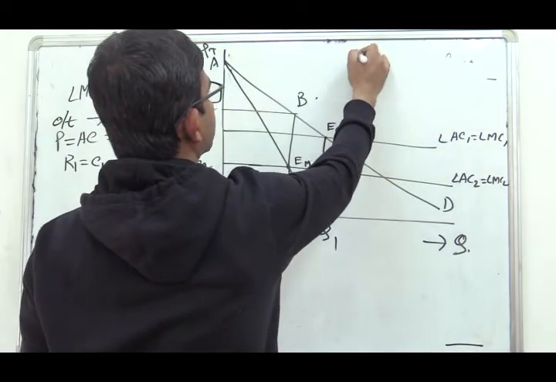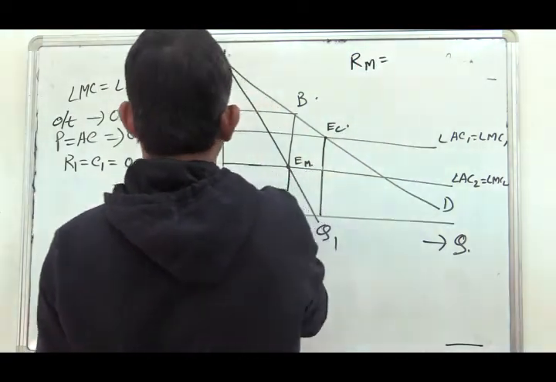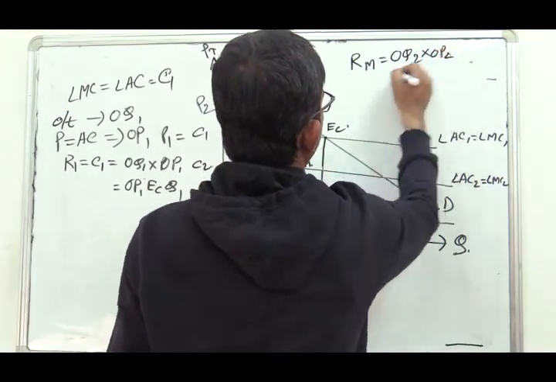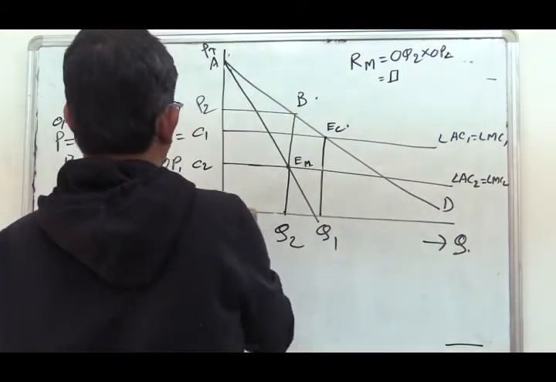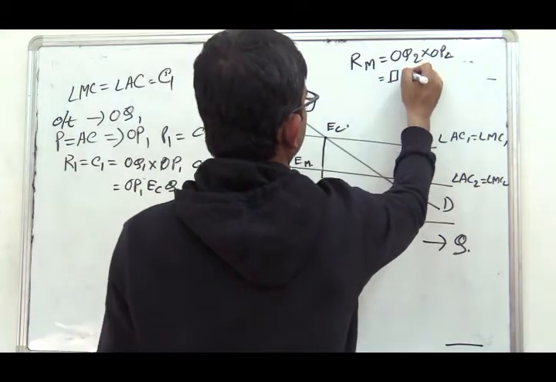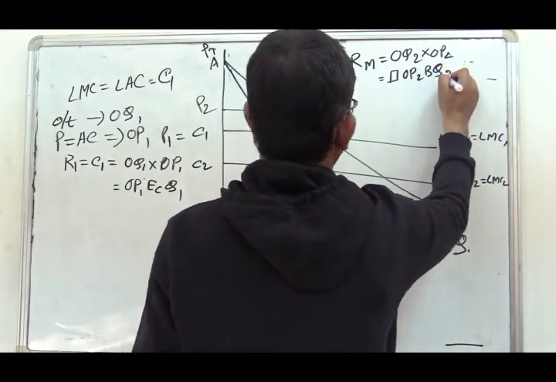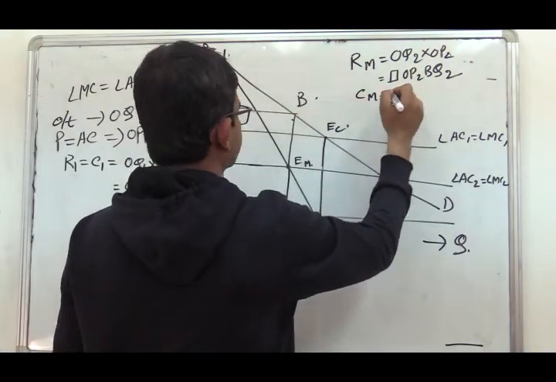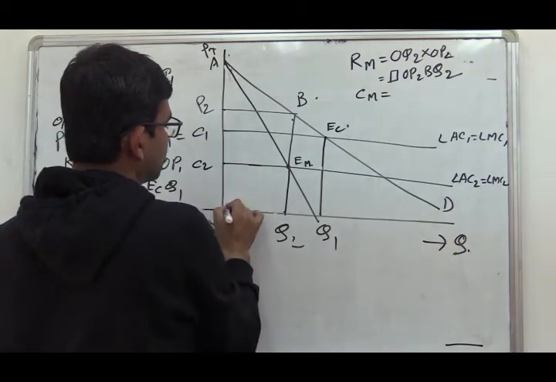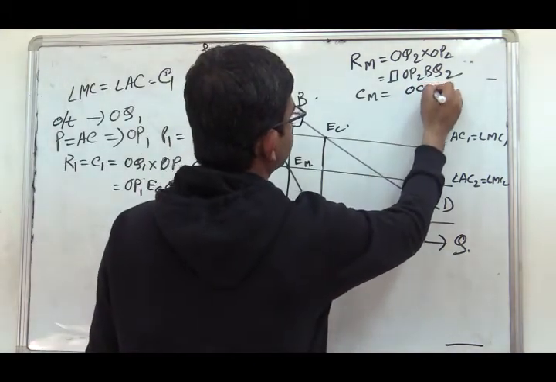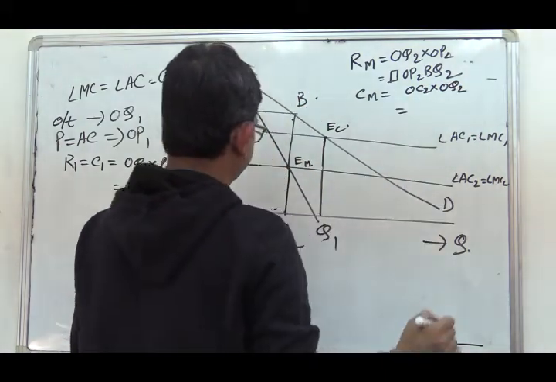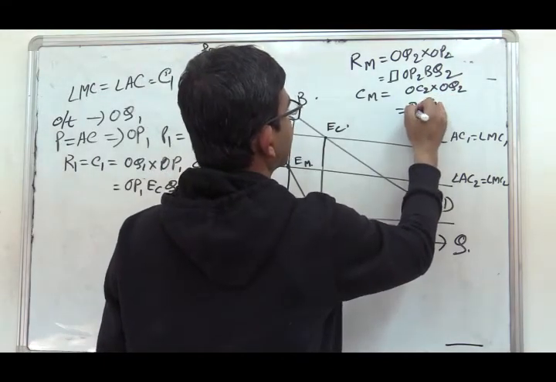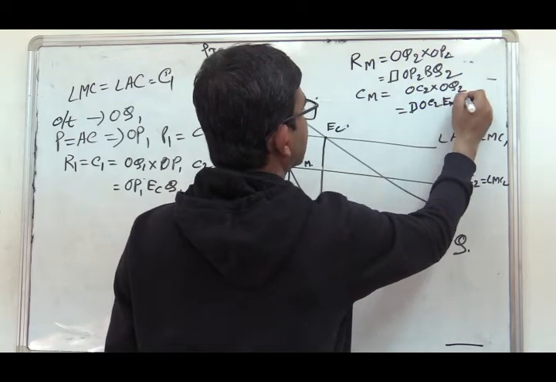So the revenue of the monopolist will be the area of the rectangle OP2BQ2. The cost of the monopolist: average cost is OC2, output is OQ2, so OC2 multiplied by OQ2 equals the area of the rectangle OC2EMQ2.